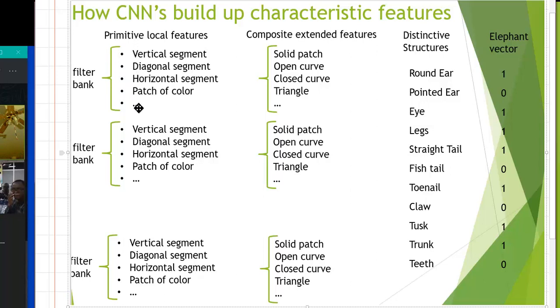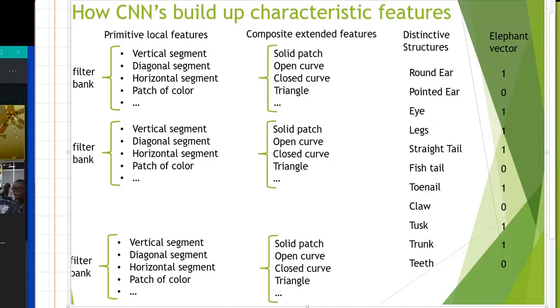Now, how big should you make these small filters? Well, that's a design decision that you should make if you understand your data. You don't just make that choice arbitrarily. You need to understand what size features you're looking for. These small filters are looking at primitive local features. They may look for a vertical segment or a diagonal segment. I have a picture that shows this on the next slide so you can understand more clearly.